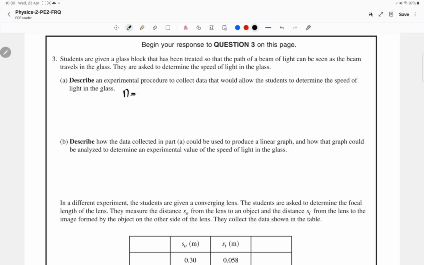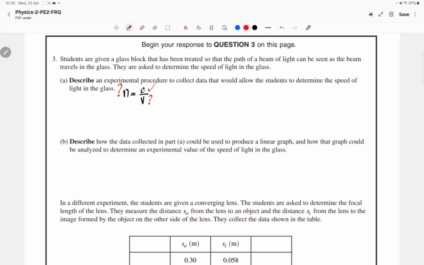So n is equal to c over v. Okay. And we simply know that c is a constant, but v is going to be unknown. And n of the glass is also unknown. So right now we have two unknowns.